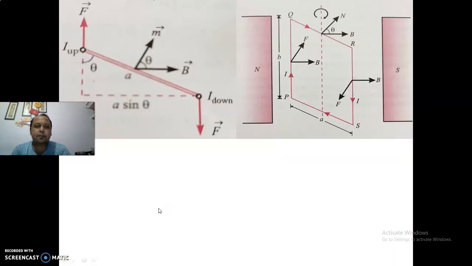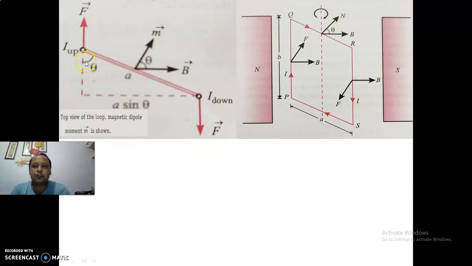Now see, when we consider this rectangular coil, we will consider one top view of the rectangular coil that I will discuss later on.